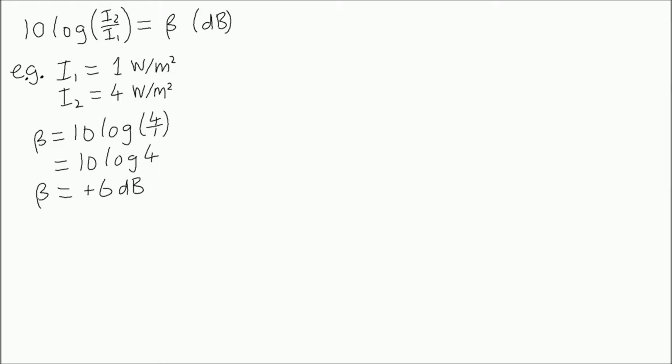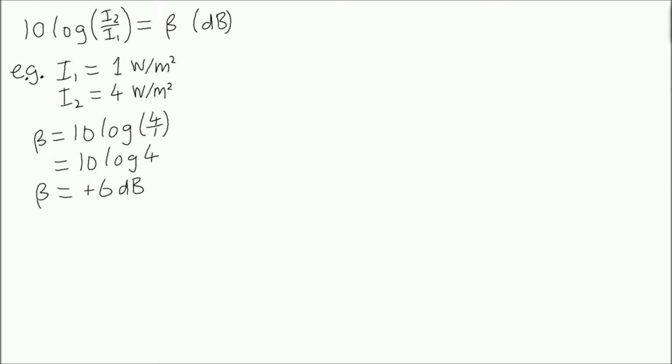So for example, if I had 8 watts per square meter compared with 1 watt per square meter, that's 3 lots of doubling, so that would be a plus 9 decibel difference. What if the intensity is going down?